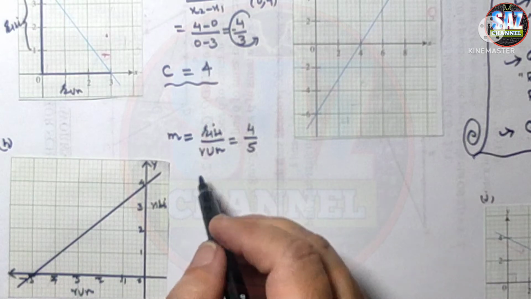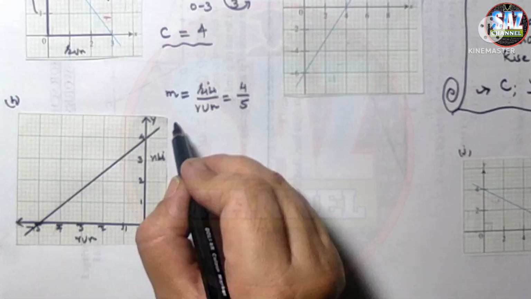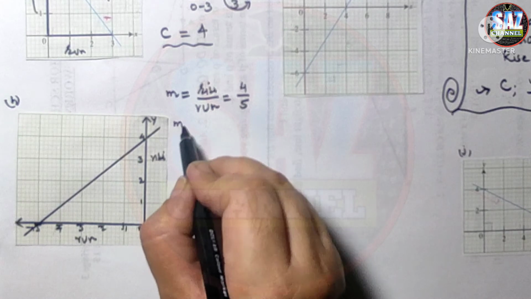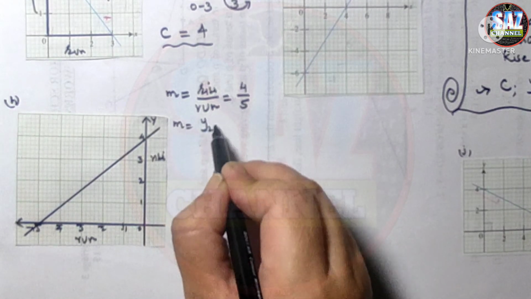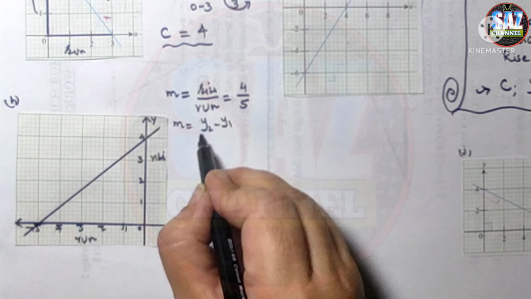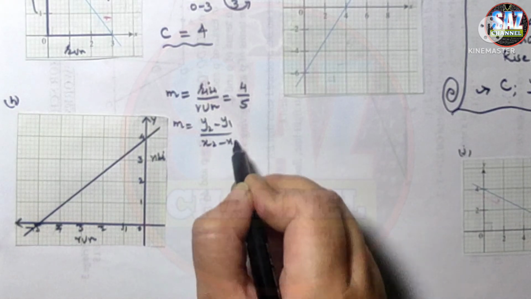Okay, and if we want to calculate the gradient with the help of the formula, we have to write the formula y2 minus y1 upon x2 minus x1.